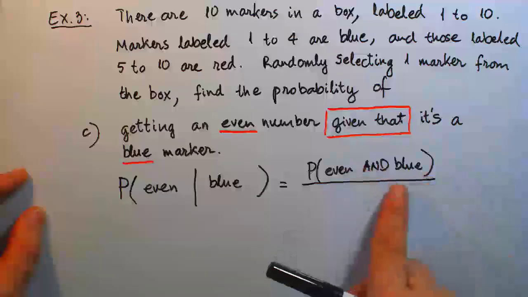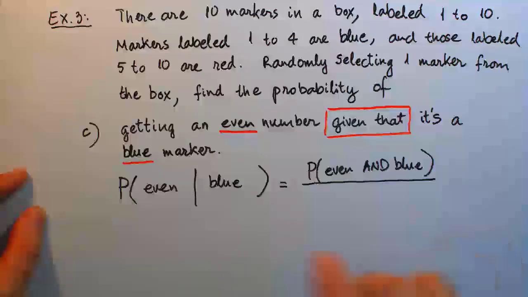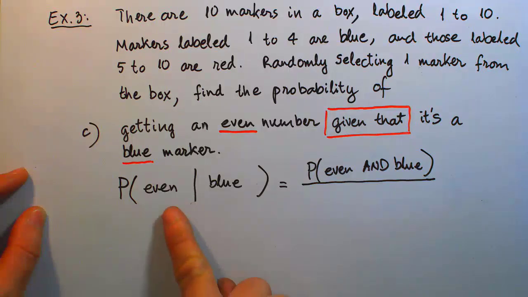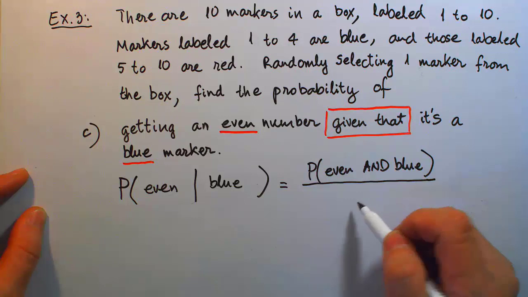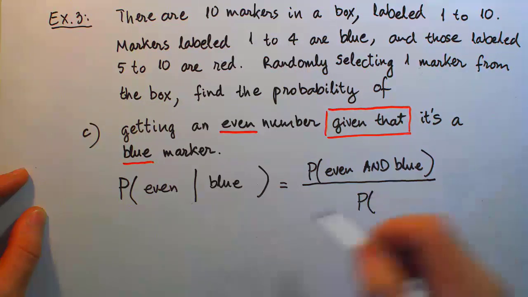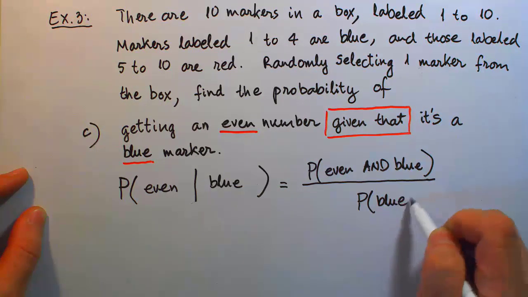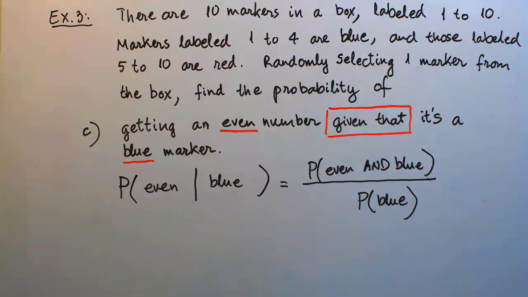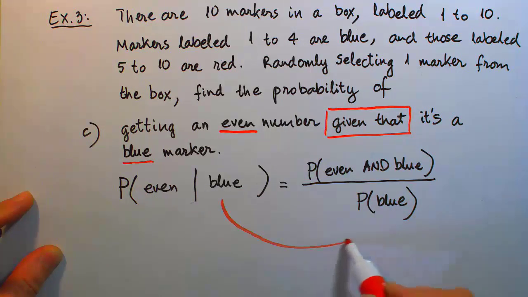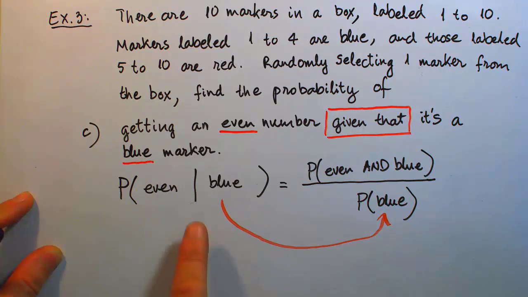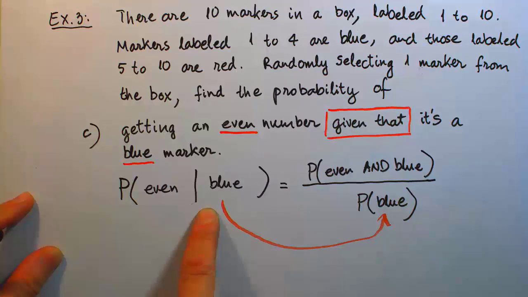But we actually did have an answer different from part B, even though we still use the same 2 events, because here I'm dividing by the probability of blue. Notice how I explained earlier when writing down the formula: make sure the denominator is the probability of the event behind the vertical bar.